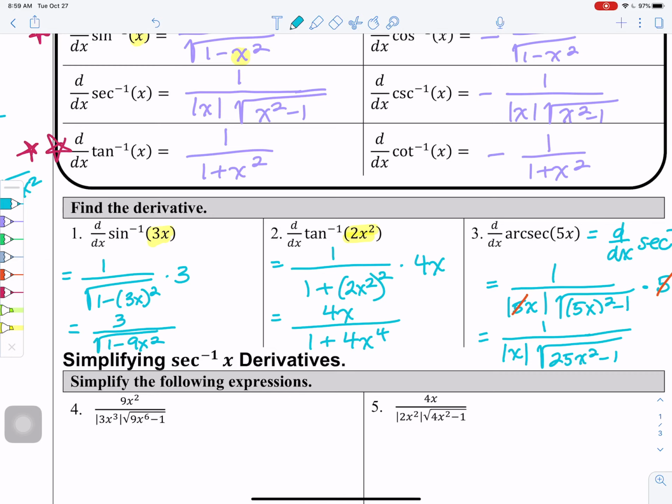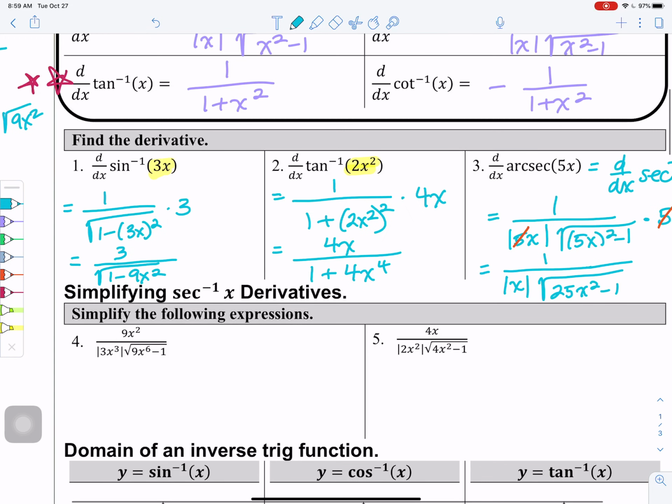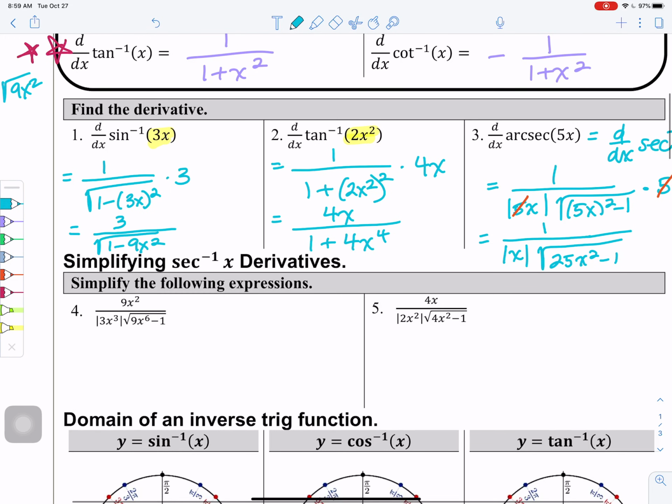So if x is equal to, let's say, even a negative number, what if x is equal to negative 1? This would be positive. X equal to negative 1 put under the absolute value, when it comes out, it's a positive 1. So this is always going to be positive.